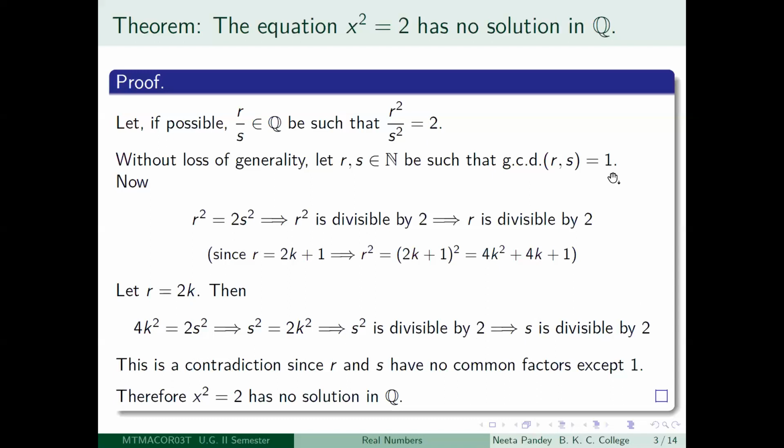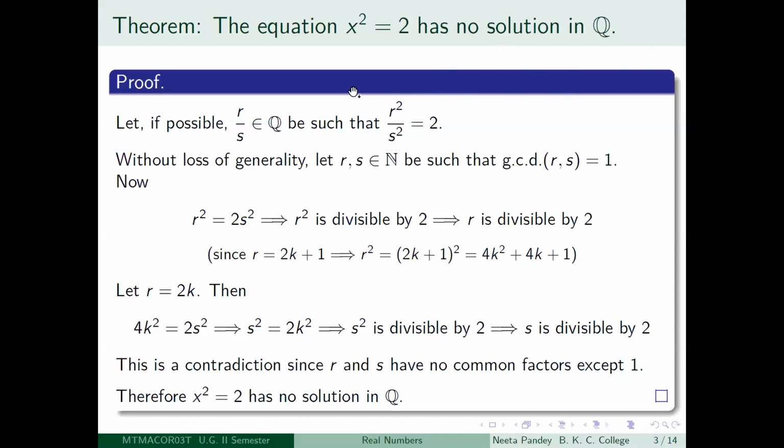So however much you take the precautions of removing out all the common factors and so on, if you have that this result is true, then automatically both r and s will have to have the common factor 2. So there is a contradiction here.